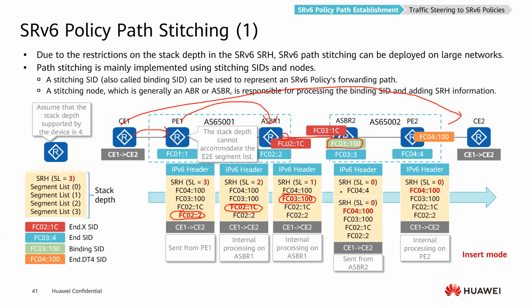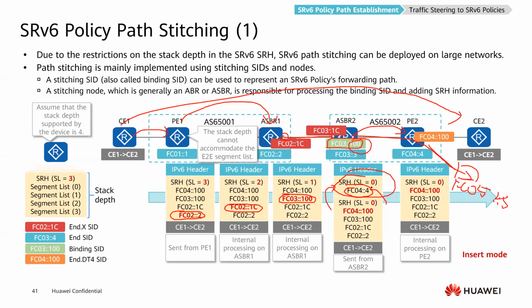FC03::3. Then it will put another SRH header before it. FC03::100 means the path from ASBR2 to PE2, so it will be FC04::4. But if you have other devices, they will put the whole information for the path, for example FC05::5.